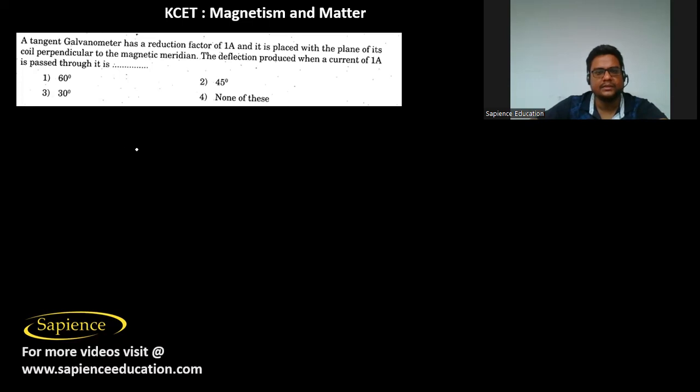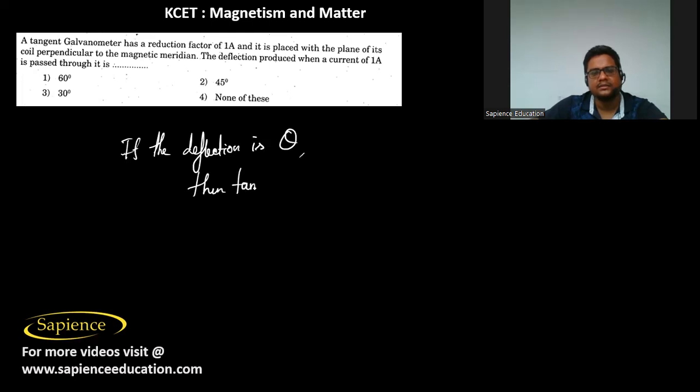So we know that if the deflection in the tangent galvanometer is theta, then tan theta will be given as I by K, where K is called the reduction factor.